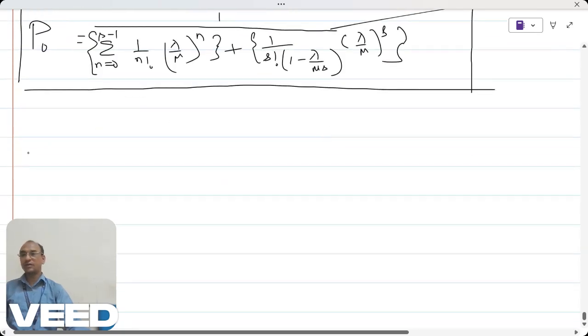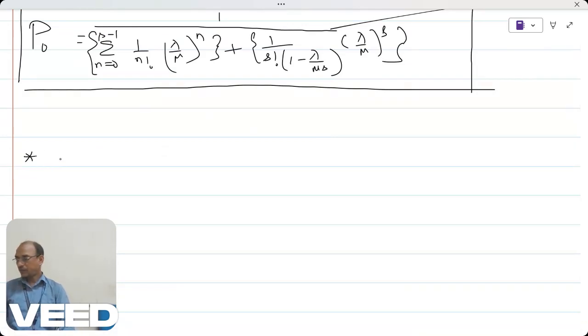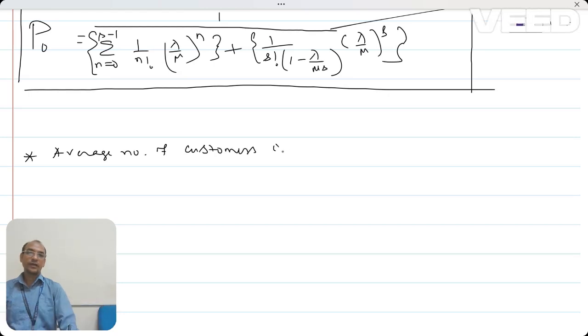So here also I want to discuss some characteristics. The first characteristic is the average number of customers in the queue. Average number of customers in the queue, that we always denote as LQ.